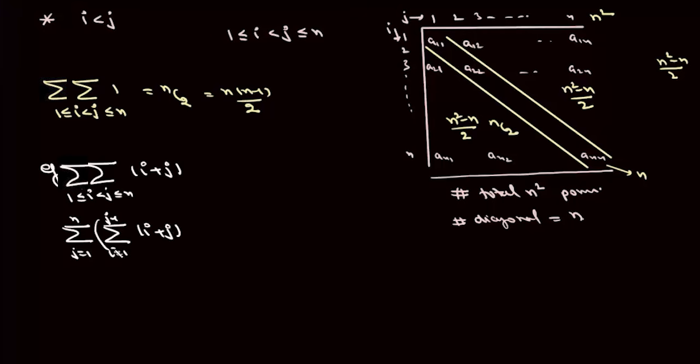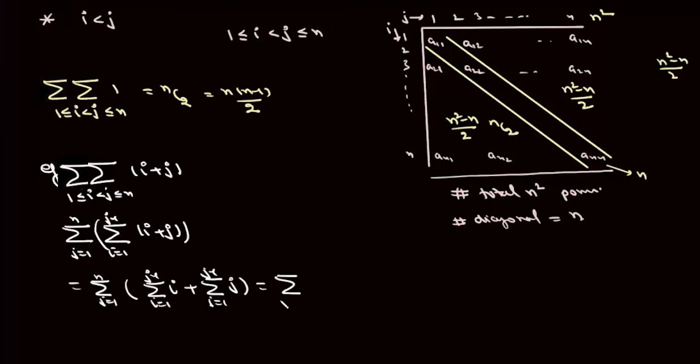Now first we'll solve this inner summation. So it'll be this summation j varies from 1 to n, and this is summation i varies from 1 to j minus 1 of i, plus this summation i varies from 1 to j minus 1 of j.